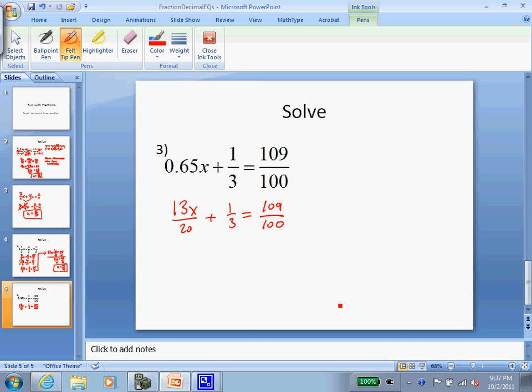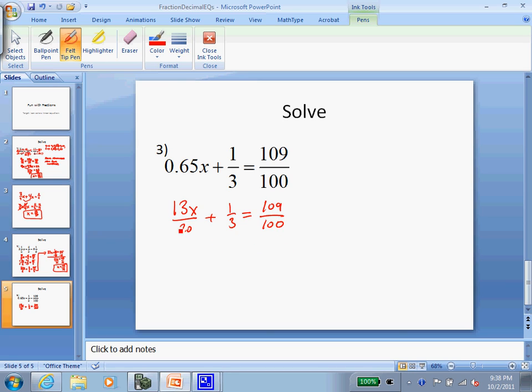So now I look for a common denominator, and that 3 makes things kind of tricky. If we had just the 20 and the 100, it would be 100. But with that 3, the lowest common denominator we're going to have is 300. So that's what we're going to have to work with.